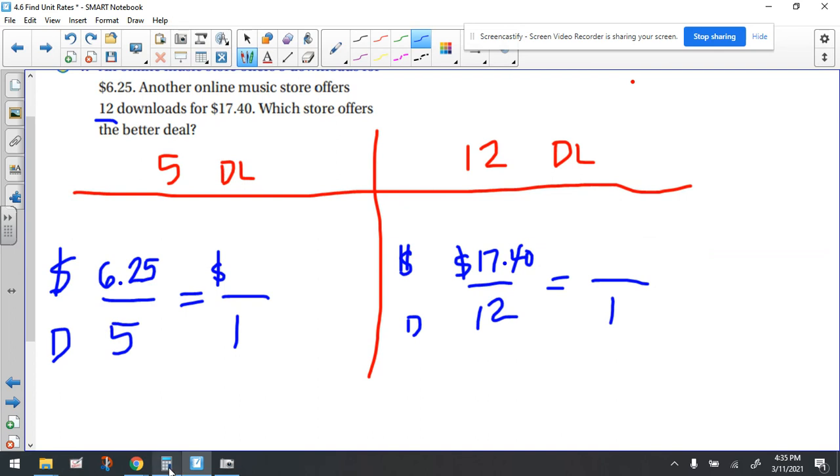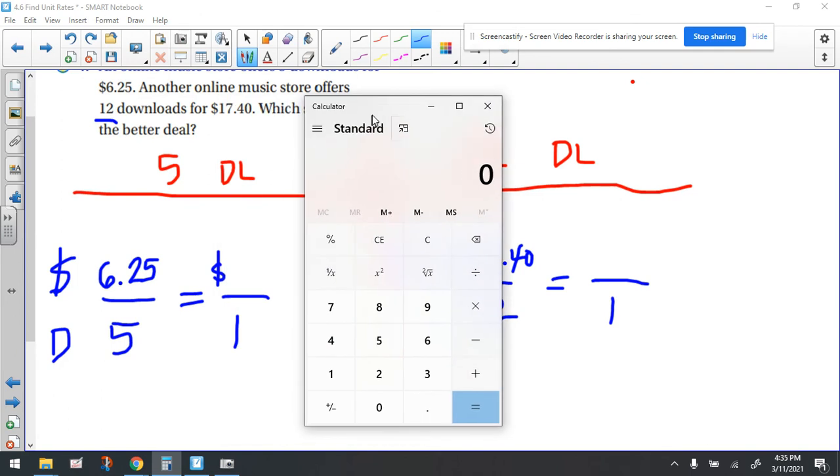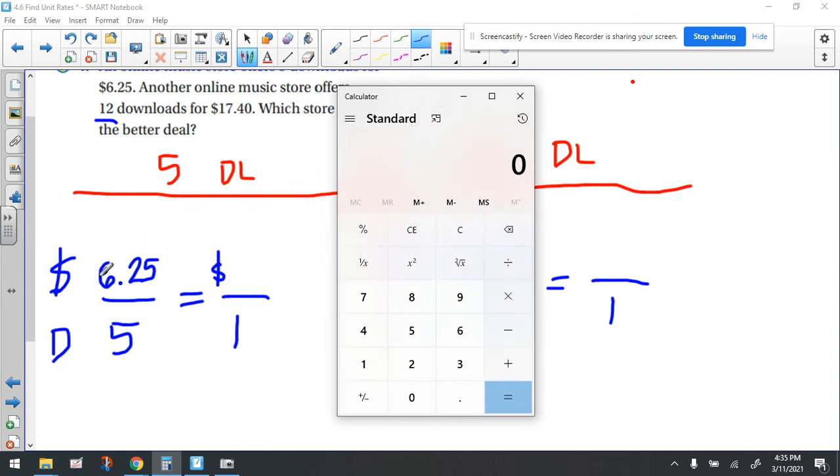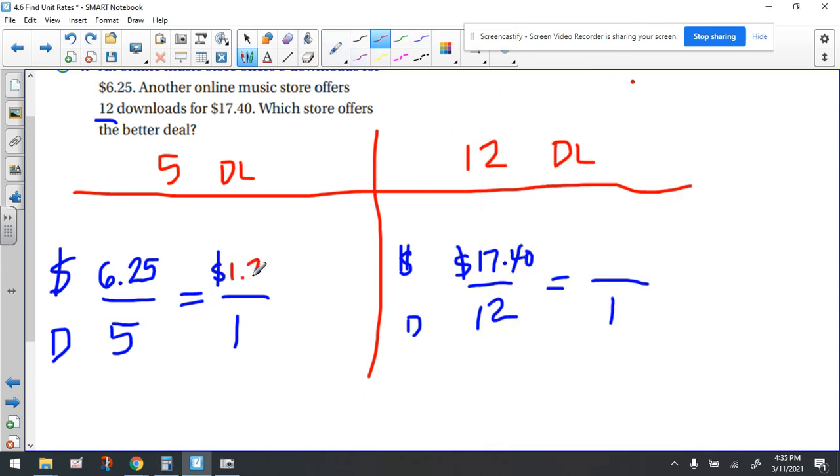All right, so let's get out the calculator. So let me clear this from the previous one. Let's move this over. We're doing 625 divided by 5. And we get $1.25. So let's write that in right here so we have it. $1.25 per download.